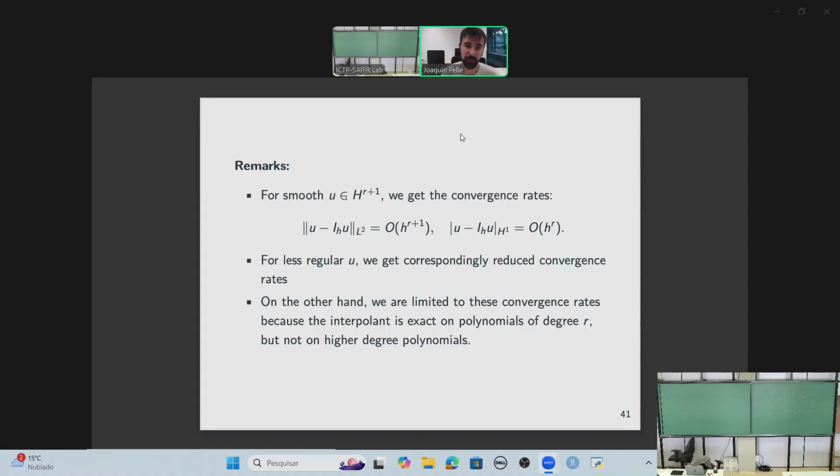If U is smooth, so in this case, in the R plus 1 Sobolev space, the convergence rates that we get from that theorem are H to the R plus 1 and H to the R for the H1 norm. If U is less regular, so if S is smaller, then we will get a correspondingly reduced convergence rate. On the other hand, we are limited to these convergence rates, essentially because the interpolant is exact on polynomials of degree R, but not on higher degree polynomials. So we cannot do better than R plus 1.